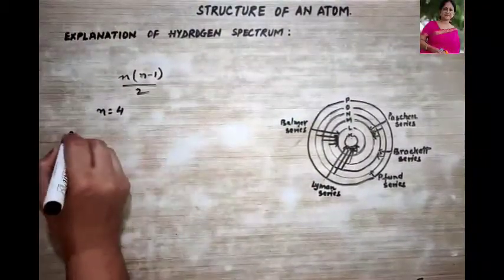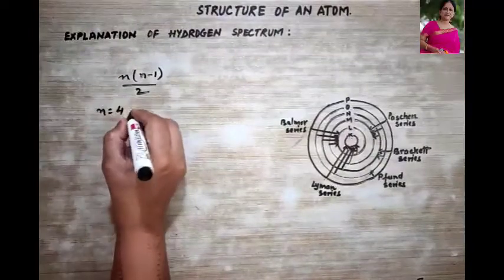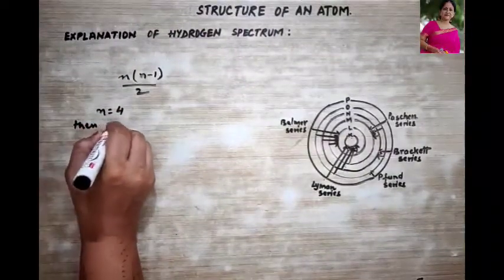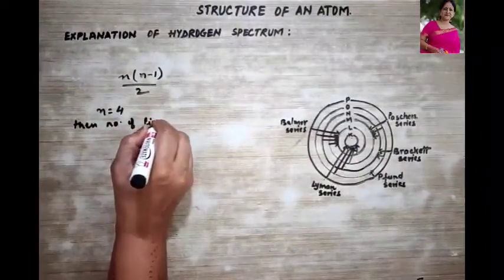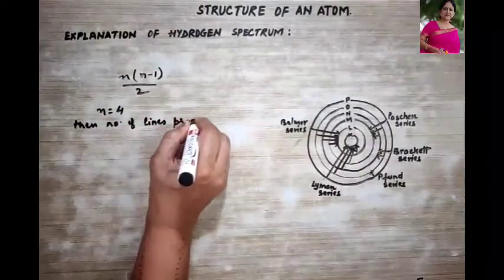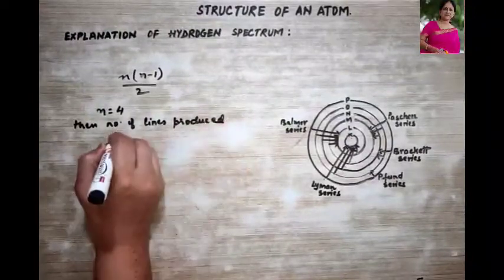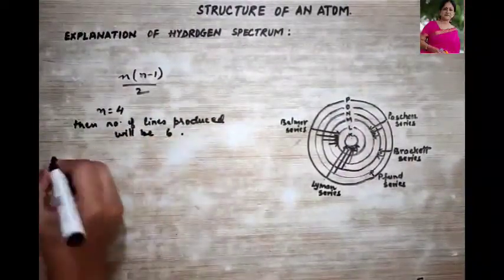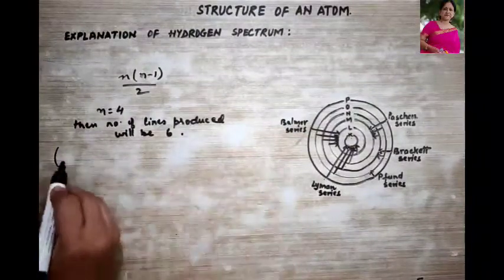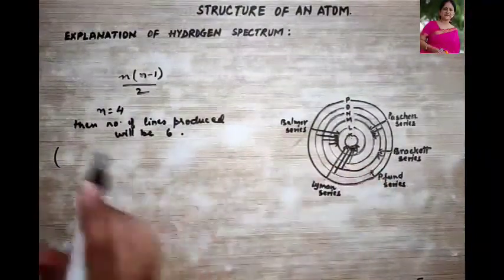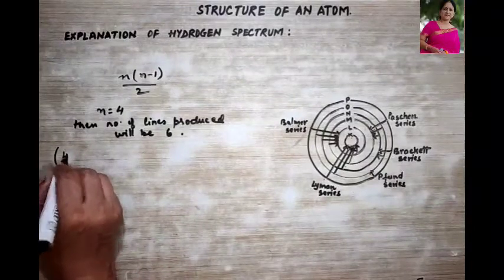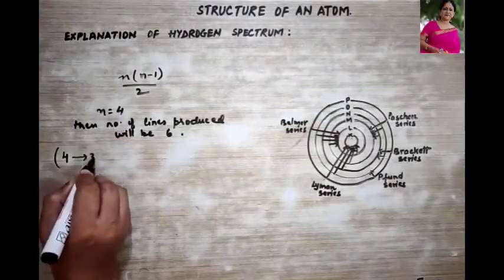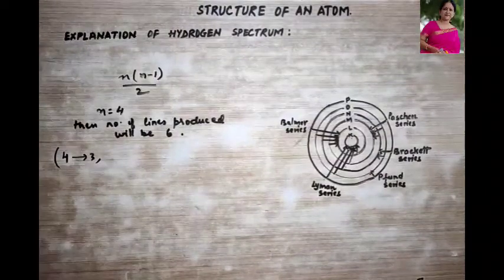How? Look over here, and let me write it down. If n is equal to 4, then number of lines produced will be 6. Now how? Let me explain to you. I'm writing it down and you correlate it with the figure over there. So when the orbit number is 4, 4 to 3, this is the first line that you are going to see.